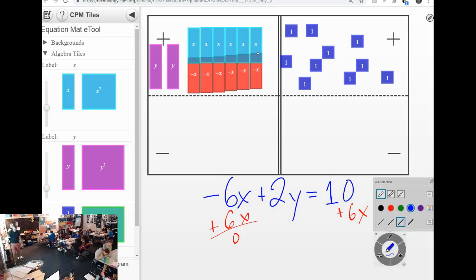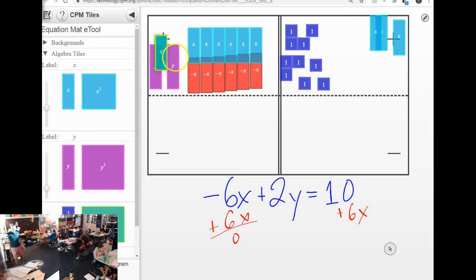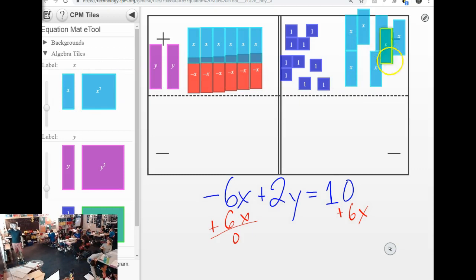Those all destroy each other. And then I also have now, do I still need these up here if they all destroyed each other?